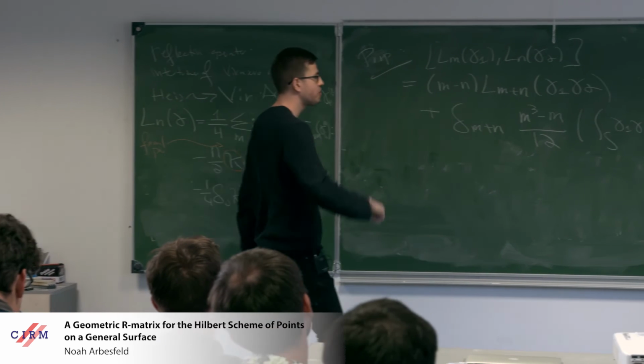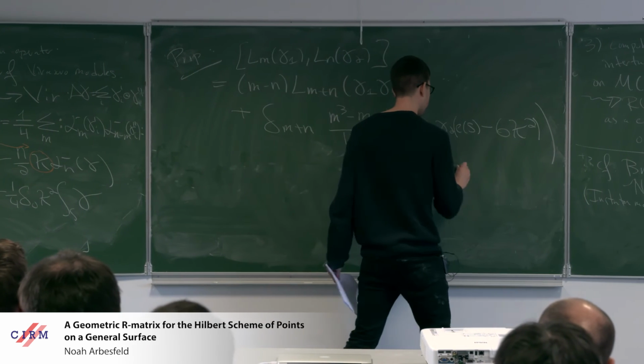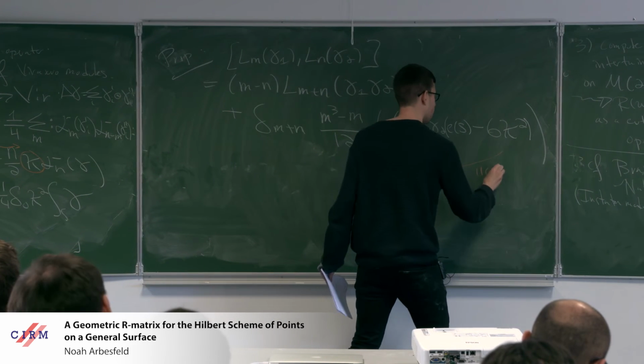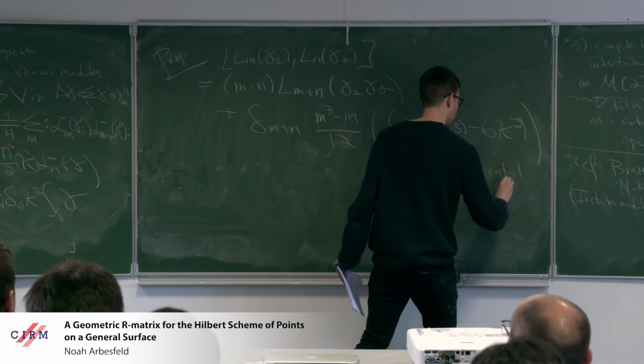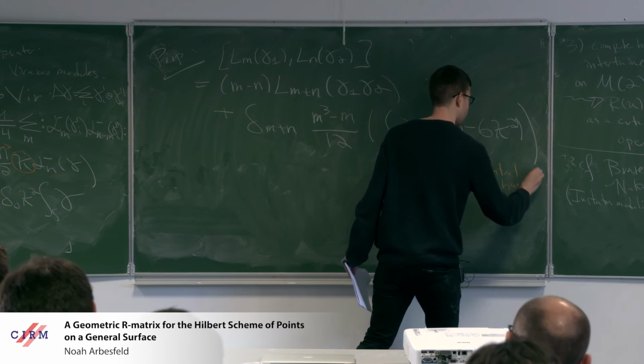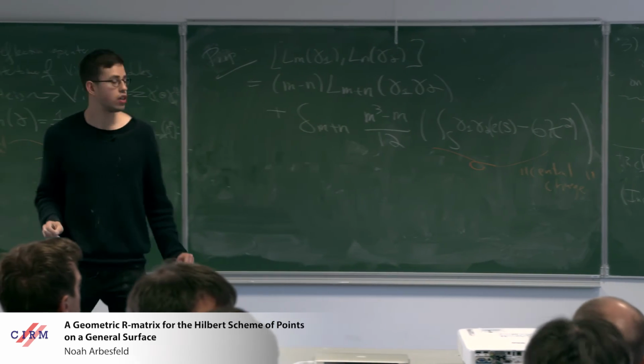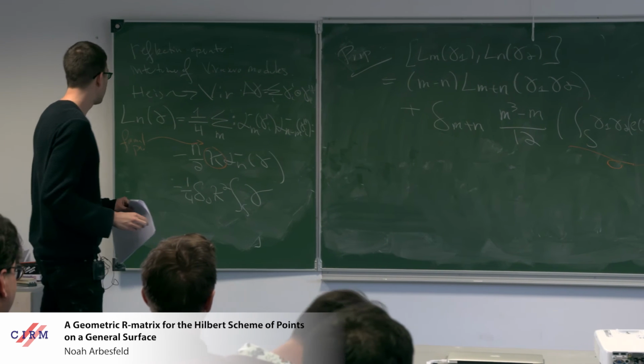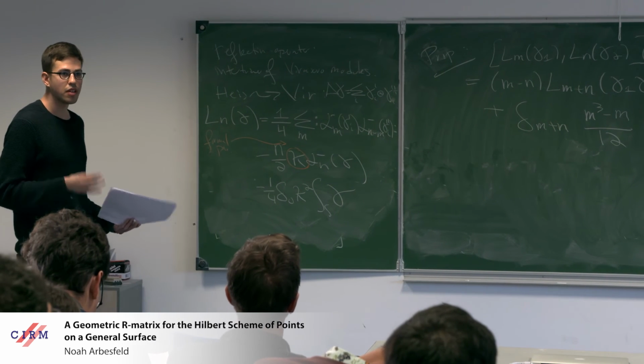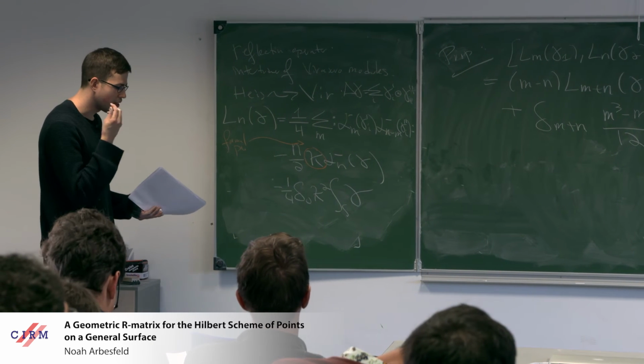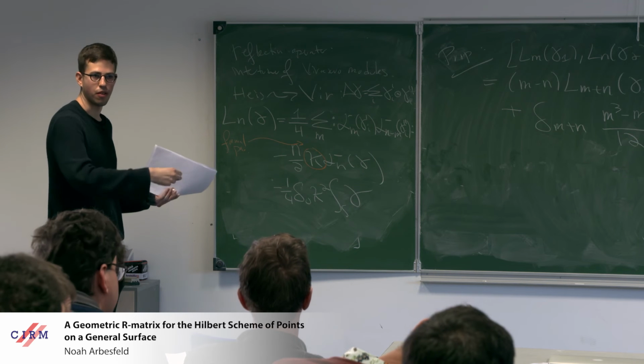And so it's this expression here that should be thought of as the central charge. For now, it's just some formal parameter. In Maulik and Okounkov, it's specialized to be the weight of the symplectic form.